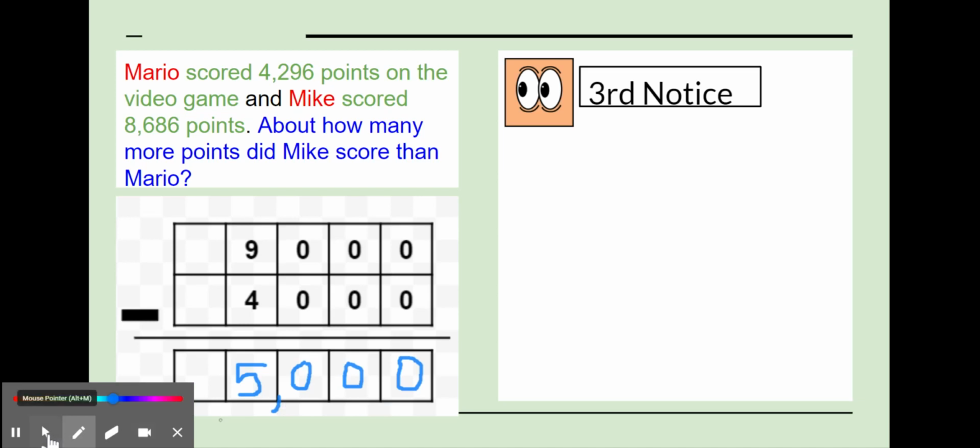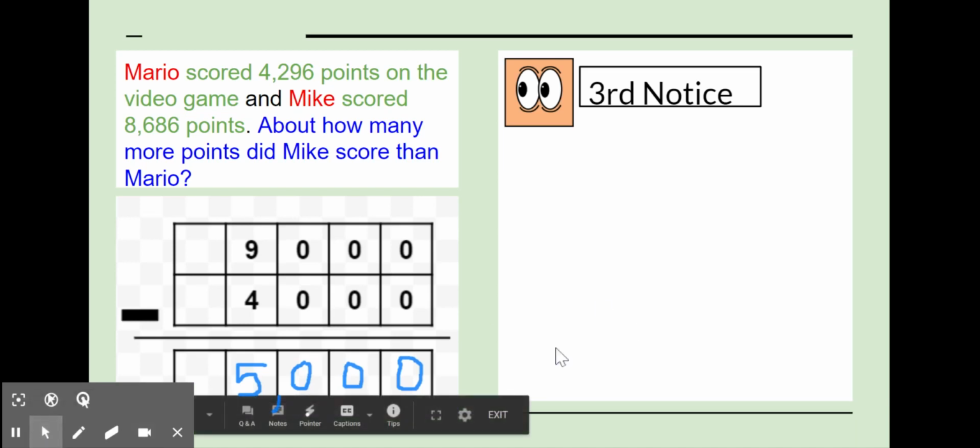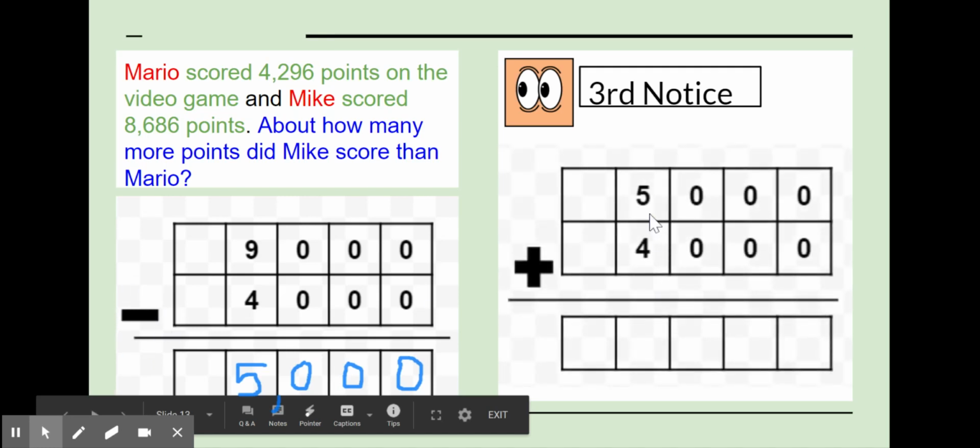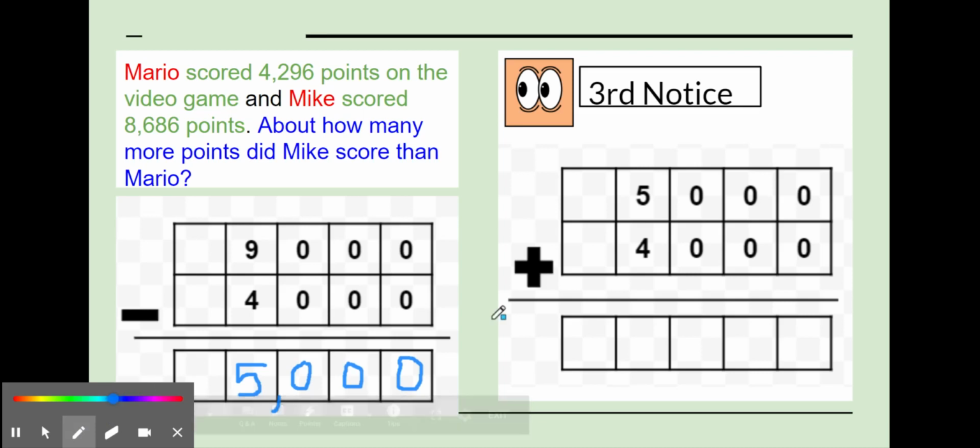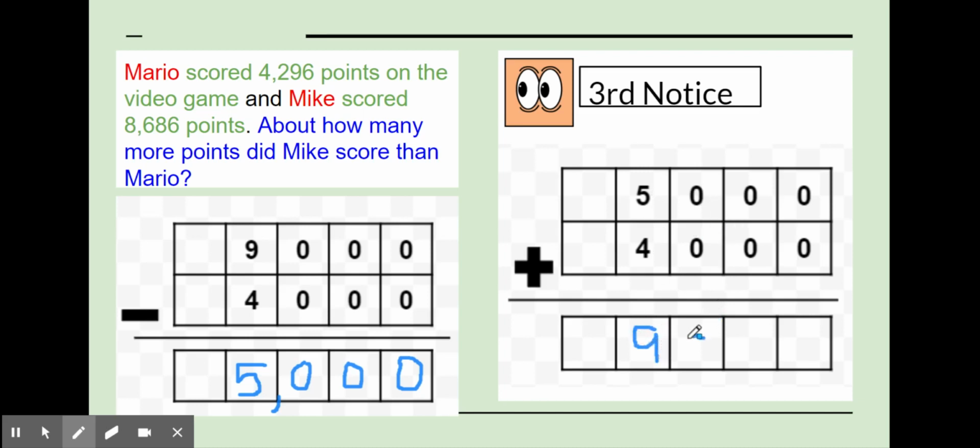Well, we need to make sure that we did our calculations correctly. So we would do the opposite of subtracting, and that would be to add. We would add our 5,000 plus 4,000. Again, the benefit of estimating is that it's quick and easy and helps us with mental math. So all we have to do is add 5 and 4, which is 9, and add the zeros.